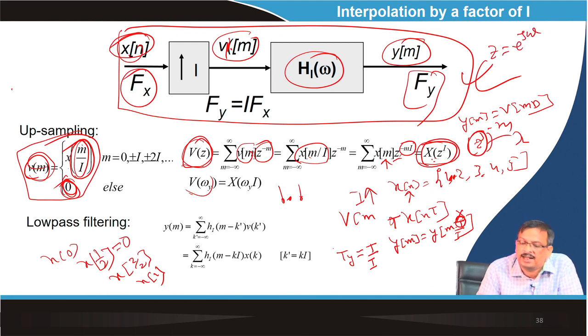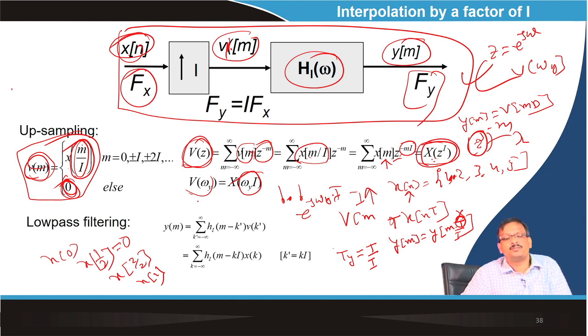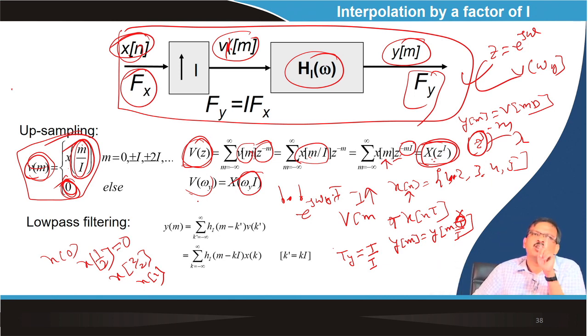So V of e to the power j omega y is equal to X of e to the power j omega x, so X of omega y into I. Z is equal to e to the power j omega y, so this side is omega y, that side is z to the power I, so it is omega y into I.